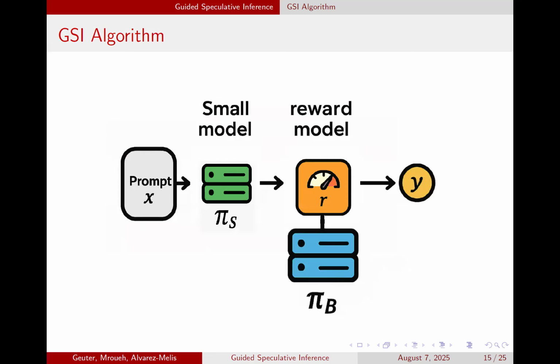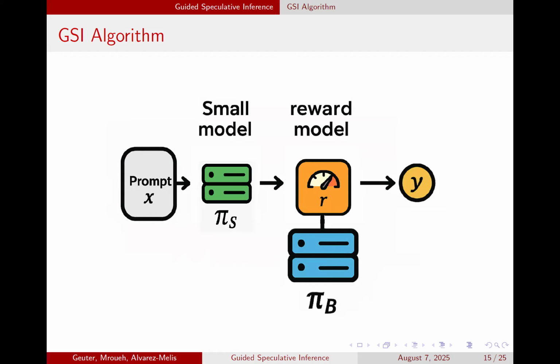Okay, I'm going to show this picture again to get a better sense of what will be going on in our algorithm, which I'll show on the next slide. The overall picture is: given a prompt X, we will generate n responses from the small model.